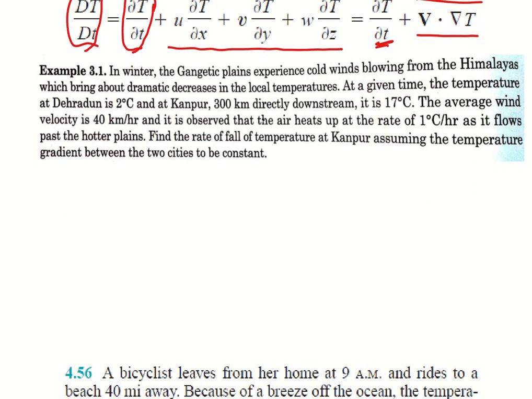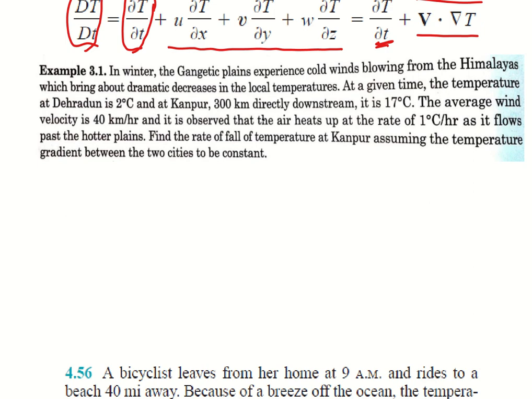But if a numerical is given, then many students find it difficult to figure out which term is the total derivative in the numerical or which term is the local derivative in the numerical.